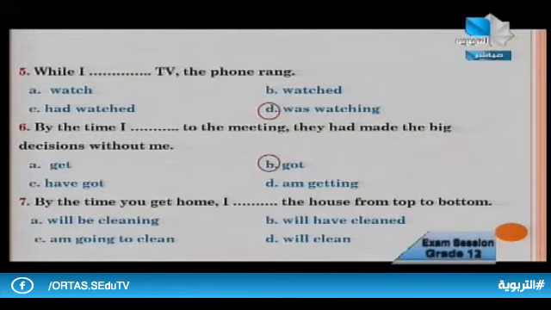So here the answer is B, will have cleaned, future perfect. When we have phrases like by the time you get home, by the end of this week, by the end of this month, etc., we use the future perfect. Thank you very much.